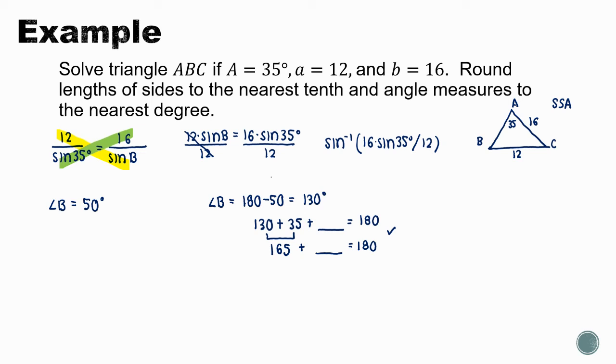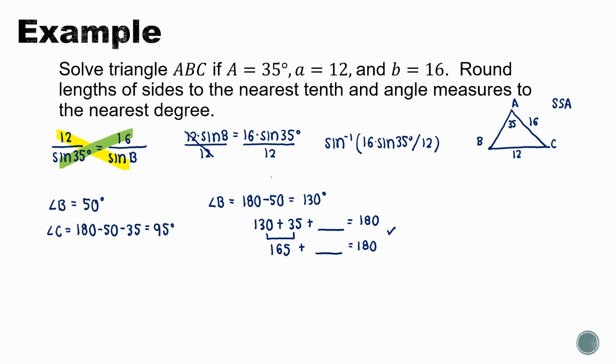So we just found the measure of angle B. Now we need to find the measure of angle C for both triangles. So in the first triangle, when angle B was 50, we can do 180 minus 50 minus 35. That gives us a value of 95 degrees.